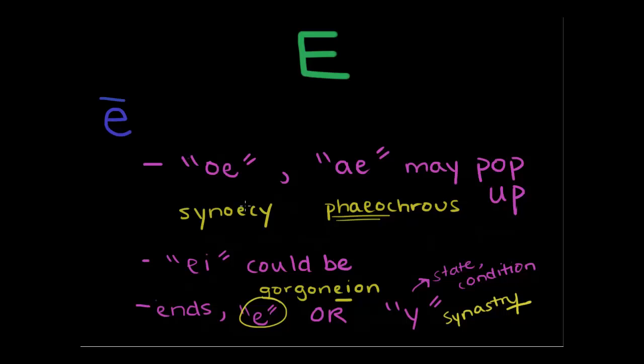An example would be arche, or hypallage. Lots of Greek words end in the letter E representing the E sound. So if you're absolutely sure it's not a state or condition, you can rule out the Y, and if it's a very pure Greek word and you hear the E sound at the end, you can almost be sure it's going to be an E.